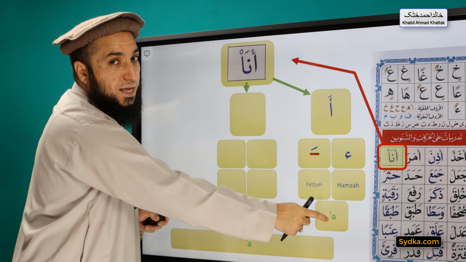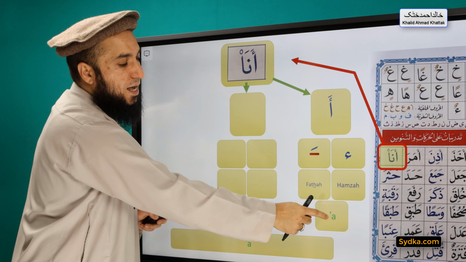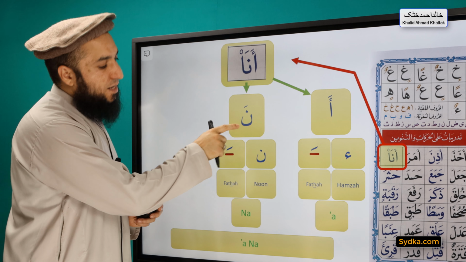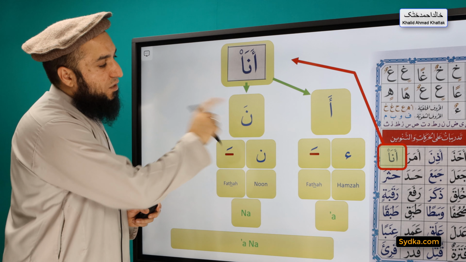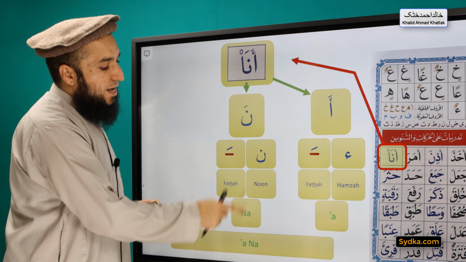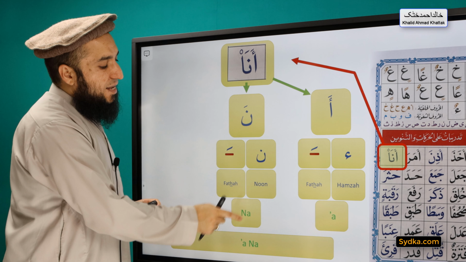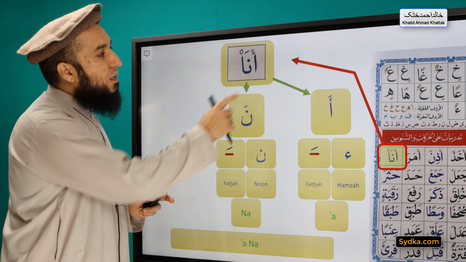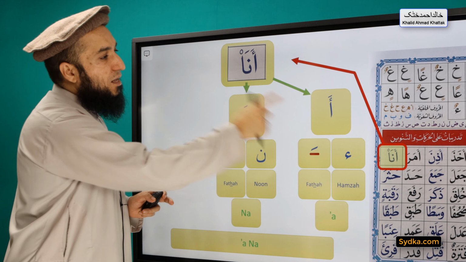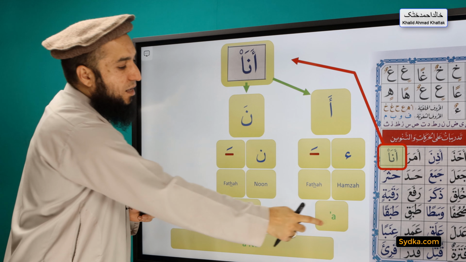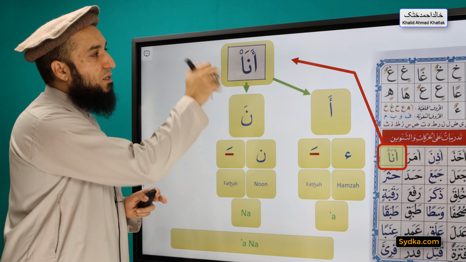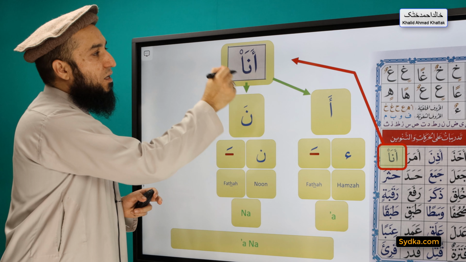The second syllable is noon fathana. Noon is not silent, and then we have fatha. Then combining the two together, it will give us a word: ana, ana. As explained before, this part we have to ignore.